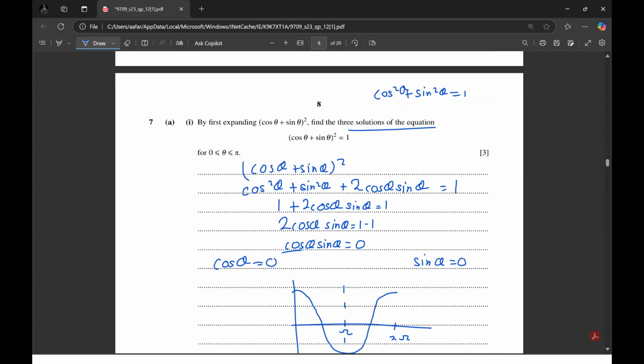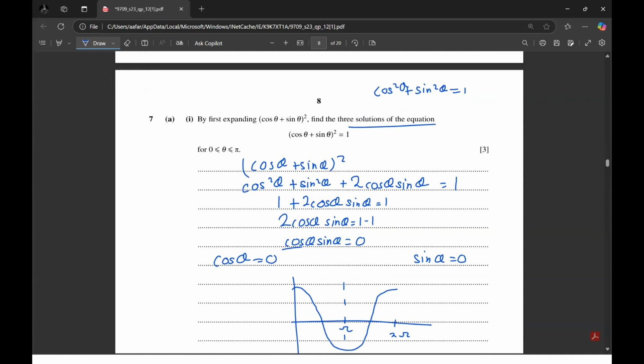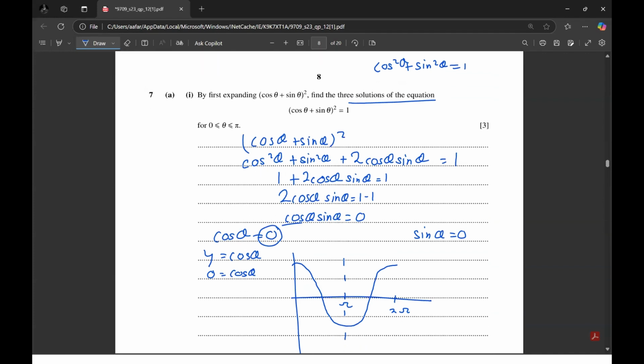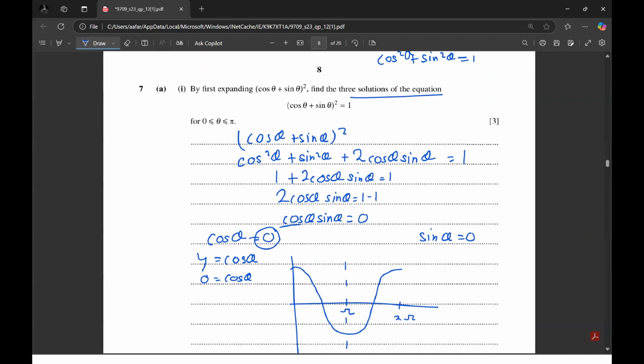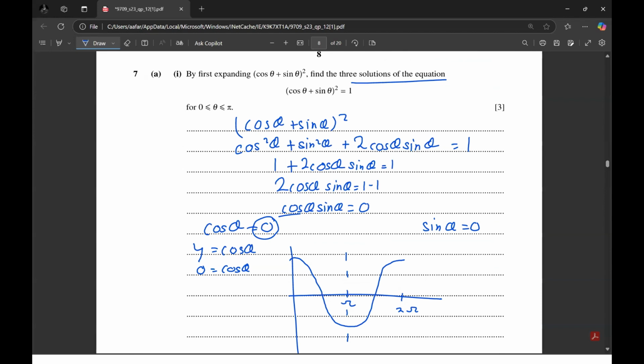So when cos theta equals 0, this is basically the y is equal to cos theta graph. We take y as 0, so 0 is equal to cos theta. In the line where y is 0, the graph cuts it only at pi over 2.